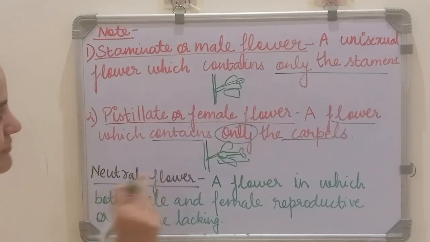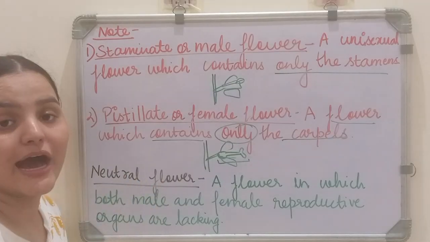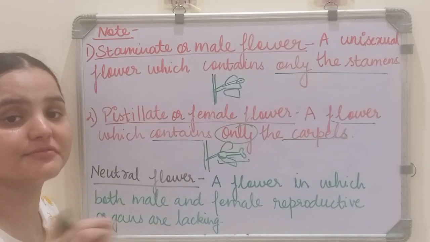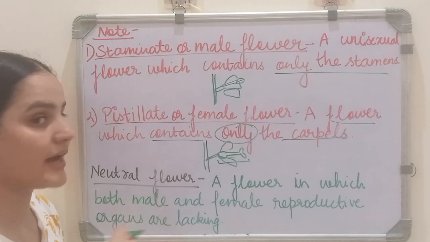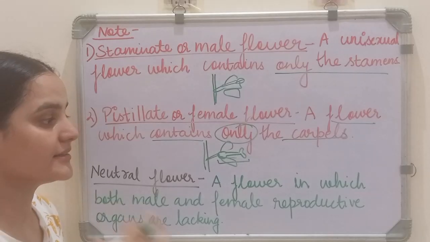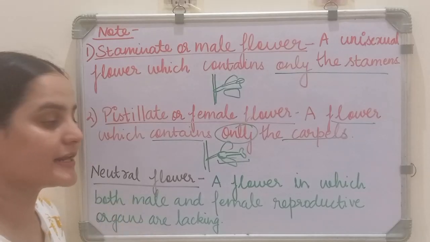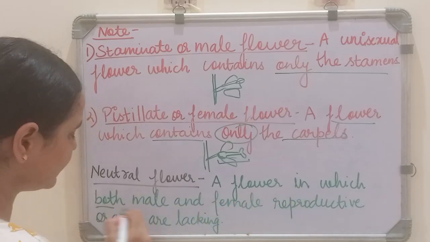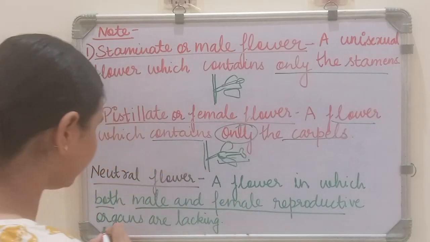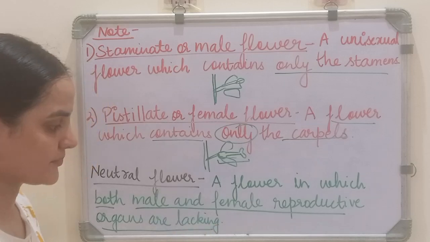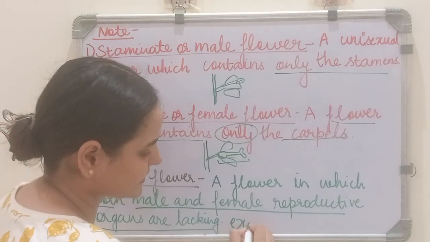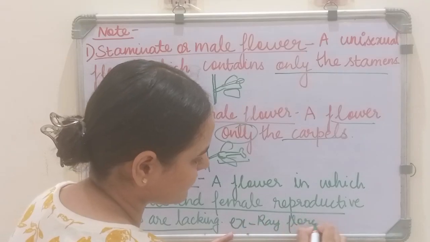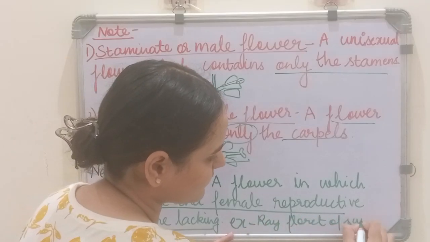Next point, neutral flower. What are neutral flowers? A flower which lacks both male reproductive part as well as female reproductive part. Means this flower is sterile. It doesn't have the male as well as female part. So that flower is known as neutral flower. A flower in which both male and female reproductive organs are lacking. So for this the example is ray floret of sunflower.